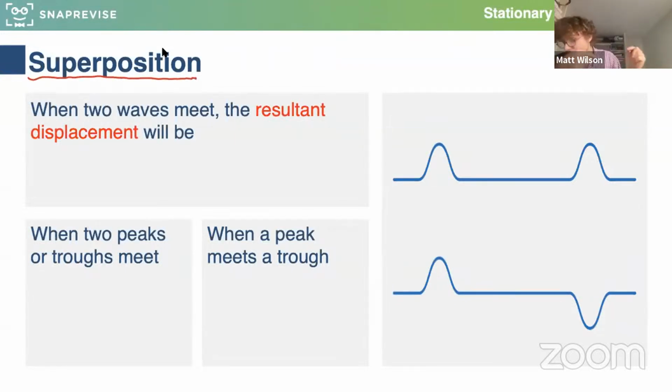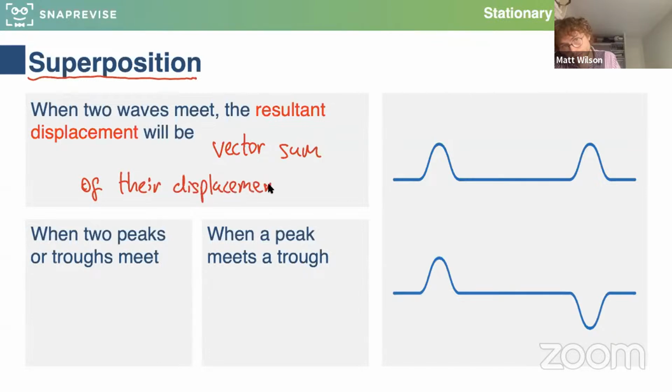When two different waves meet together, the resultant displacement, because each one is trying to make its own displacement, will be the vector sum of their displacements.